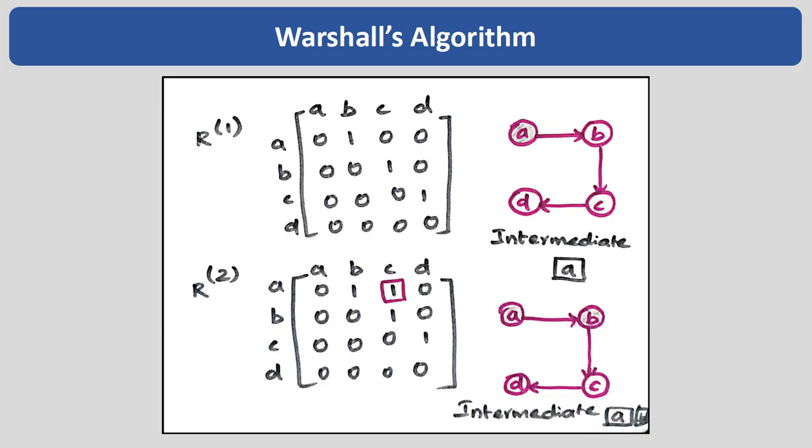So there, instead of 0, I can change it as 1. But other than that, we don't have any other changes. So from R0, there is no change in R1, but there is one change in R2 because here the intermediate elements are A and B. So through A and B there is a connection for A to C.